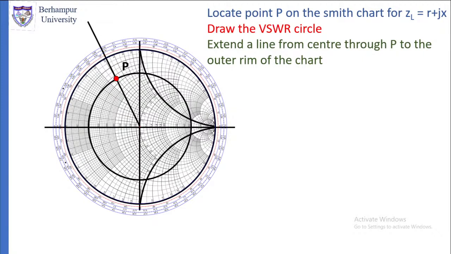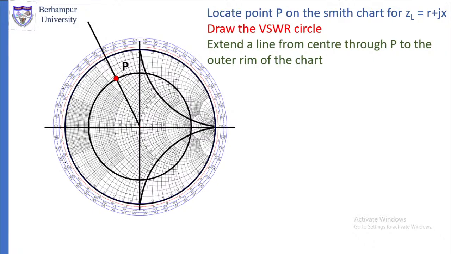Every point on the transmission line will give us the same VSWR because it is Vmax by Vmin. So we will always get the same VSWR. Therefore, we draw a constant VSWR circle. Any point on the transmission line is going to give us constant VSWR and constant amplitude of the reflection coefficient.